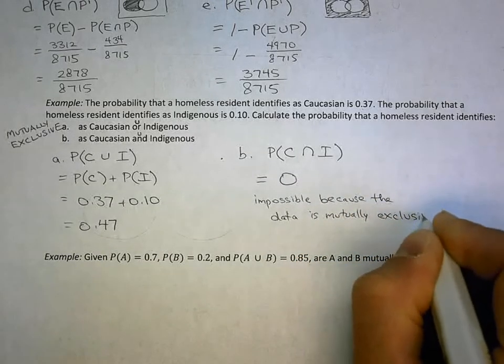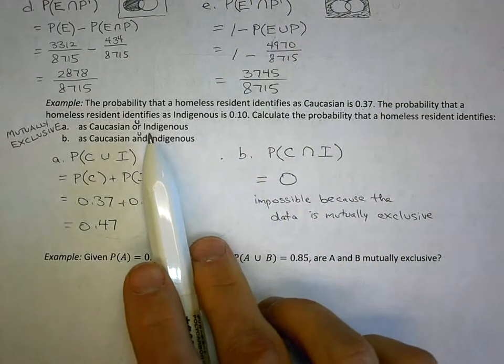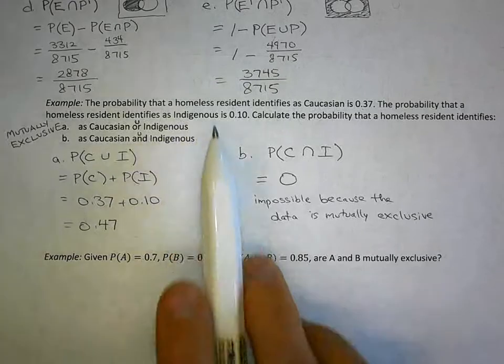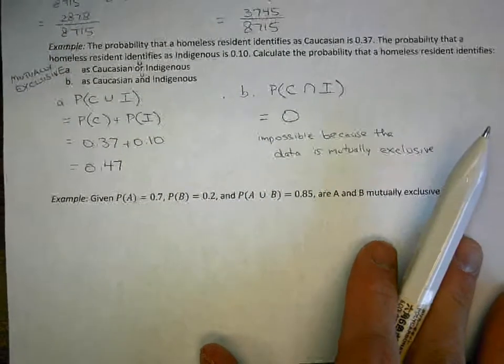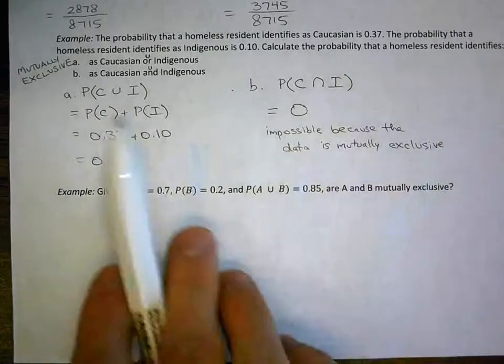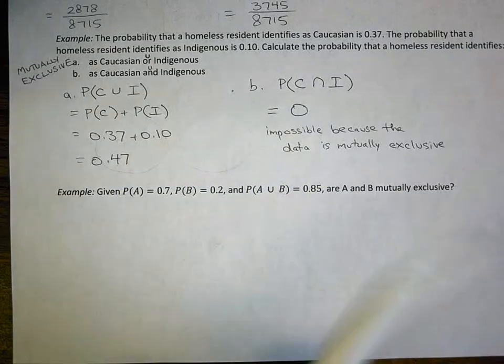I guess we could make a comment that having to choose one box on a survey is probably also going to give you slightly incorrect data because it's forcing something that is not mutually exclusive into a mutually exclusive result.